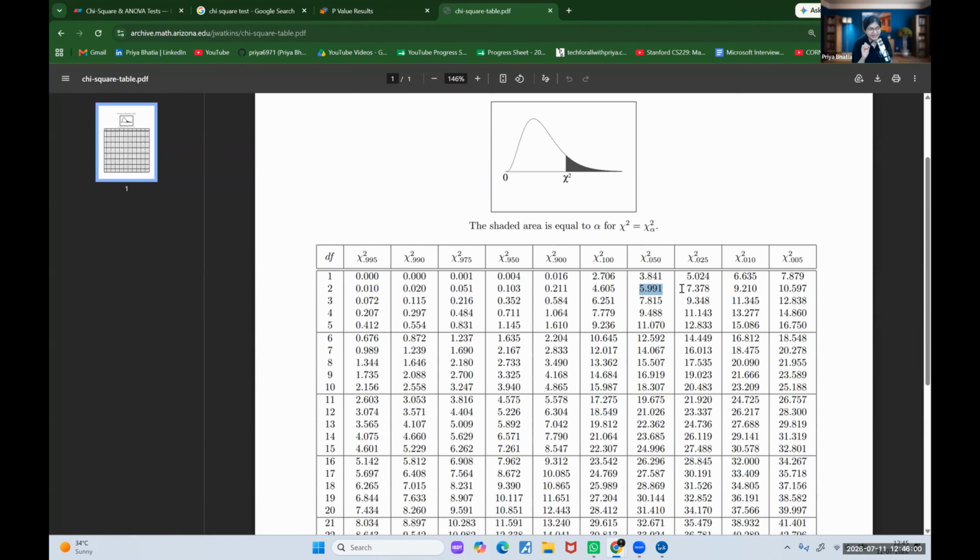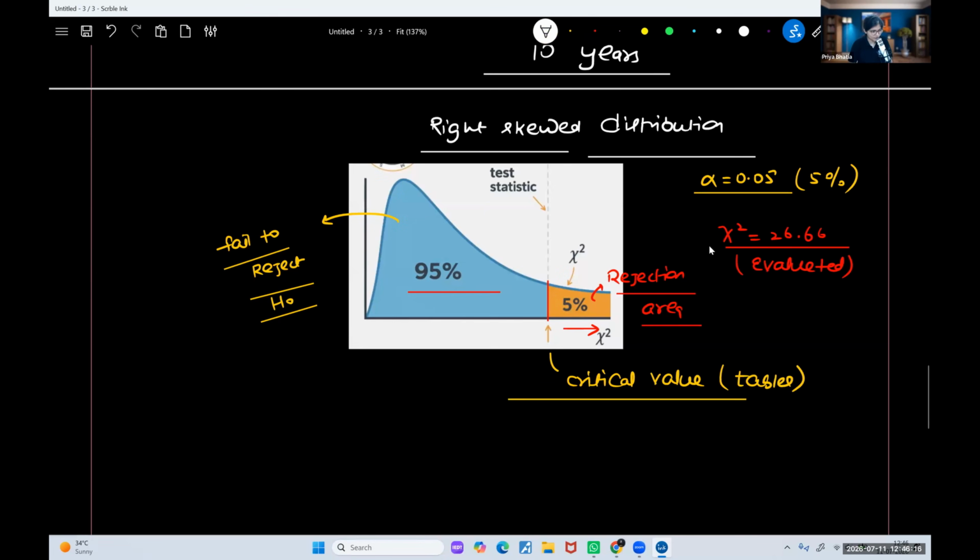It is 5.991. Can everyone understand this value? So at alpha as 0.05, chi-square value with the degree of freedom as 2 will be 5.991. So from the table, you will be able to evaluate what is the exact boundary line beyond which, if my evaluated value lies, I will reject the null hypothesis.